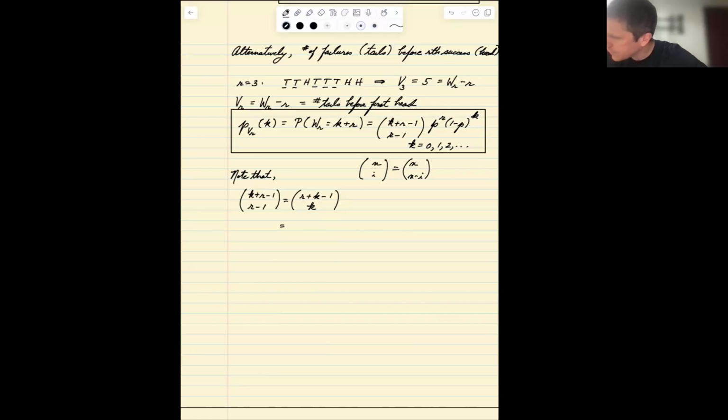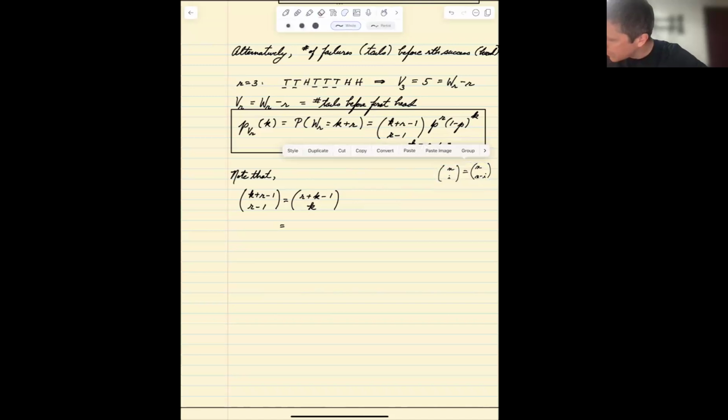So that's just an identity, which if you're not fully comfortable with, let's make sure to do that as an exercise to verify. And so we use that here.